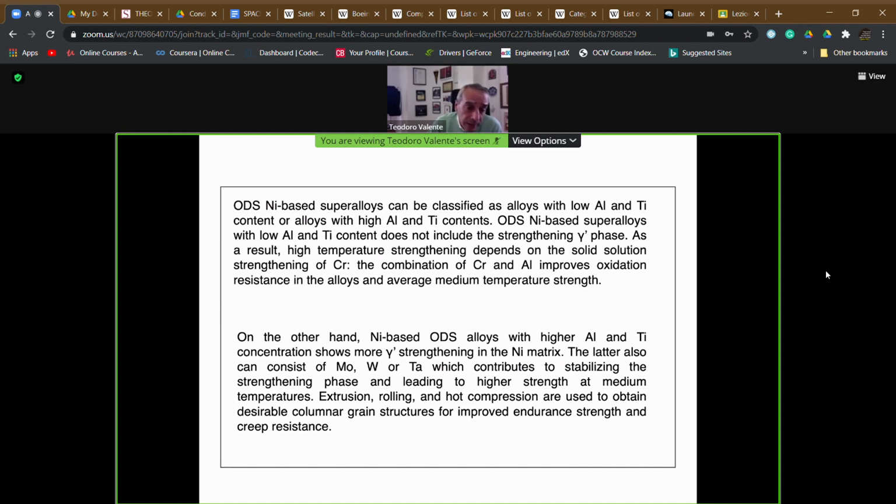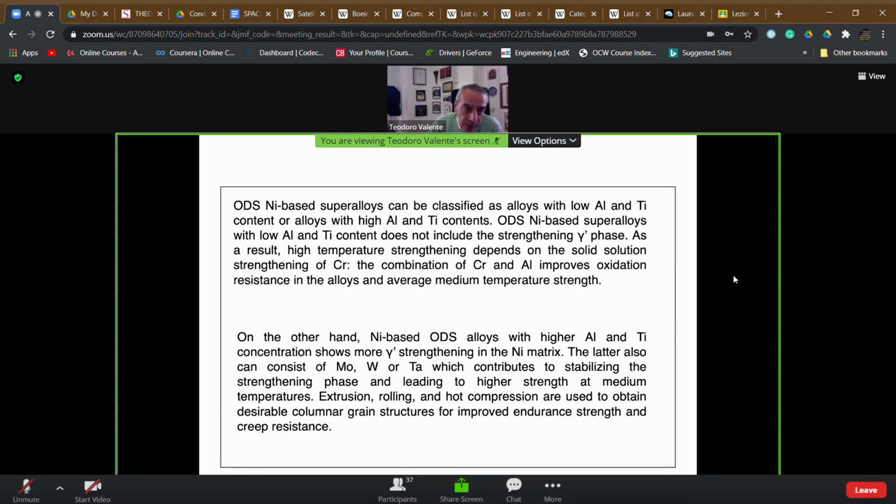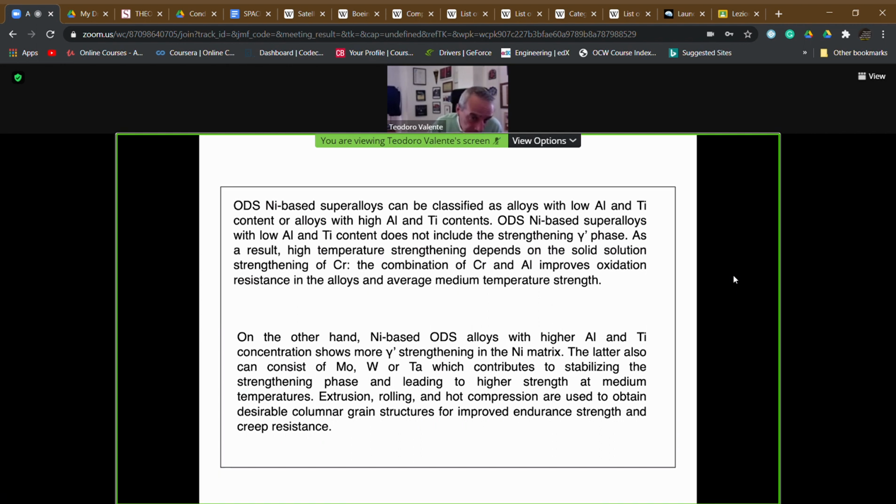But again, I say to you that the possibility of having single crystal alloys is not possible in the first, nor in the second case.